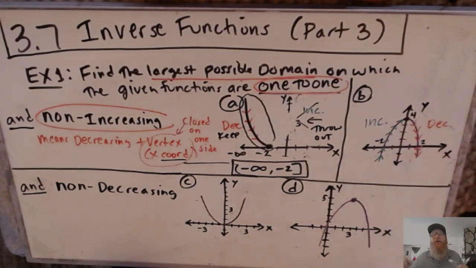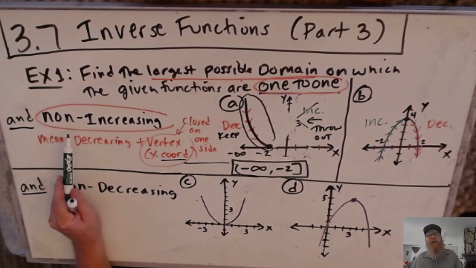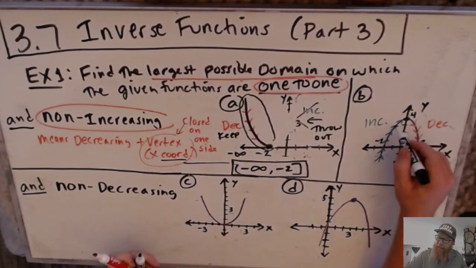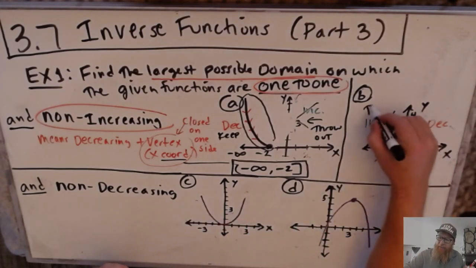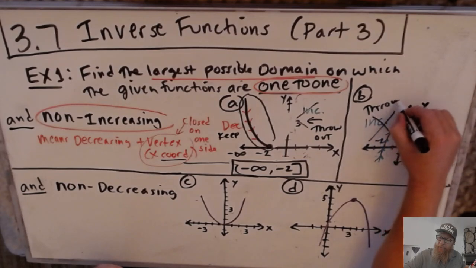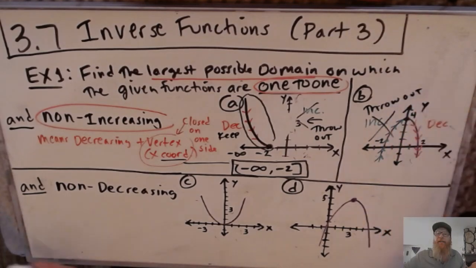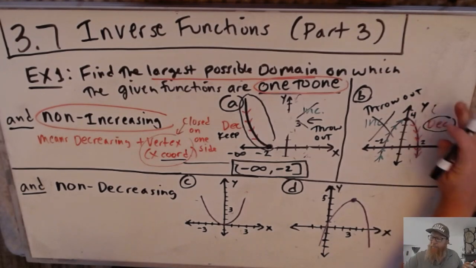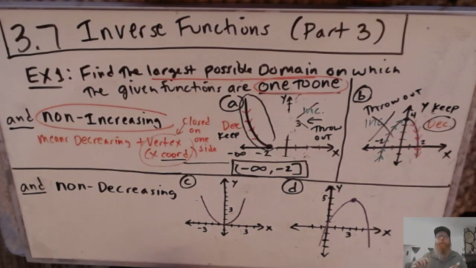It's going down. So we're still in this category, non-increasing. So non-increasing means throw out this side. Or you could say delete this side and keep this side. Keep the decreasing side.